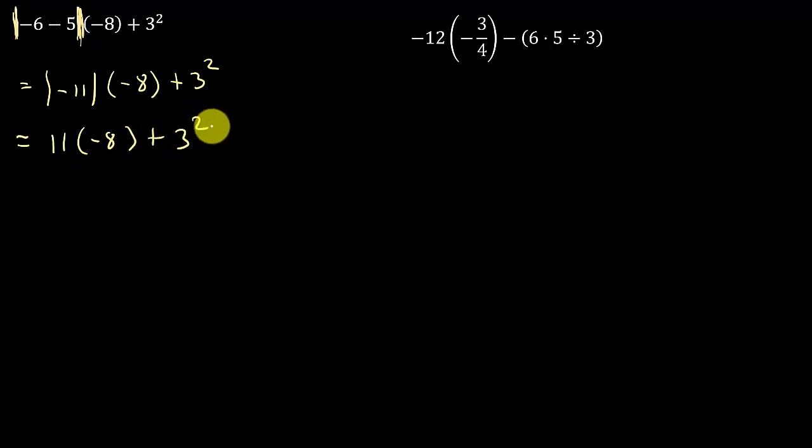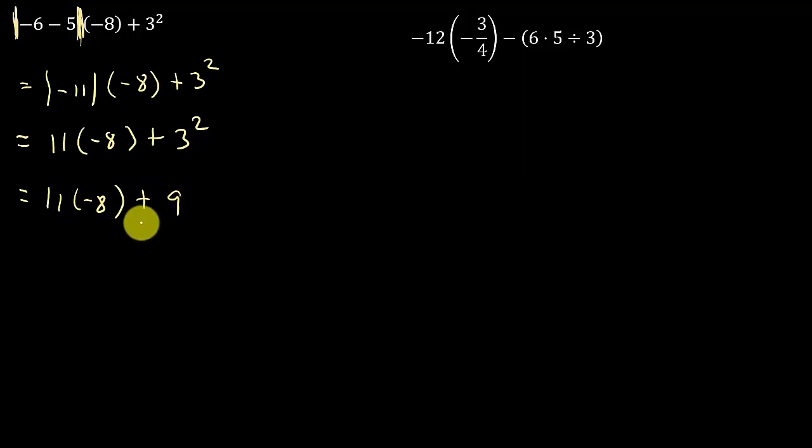All right, so I worked inside all of my grouping symbols first. All right, now let's see what I have. Well, I've got multiplication and I've got an exponent here. Well, exponents come before multiplication and division, so we need to square the 3. And so that's going to be 11 times -8 plus 9.